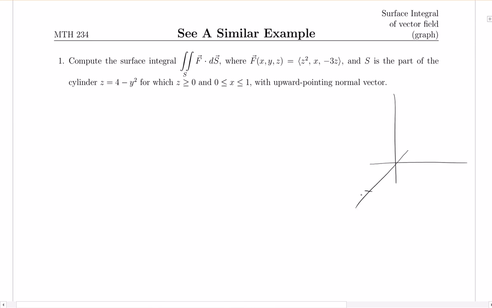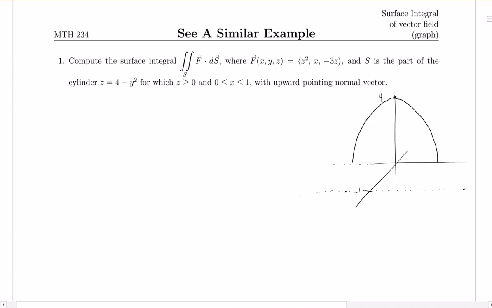So let's say here's x equals 1, and maybe here's z equals 4.